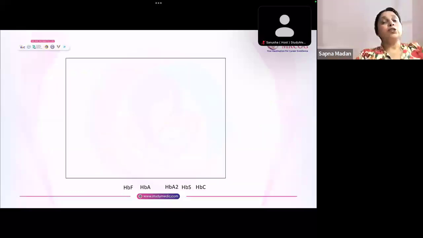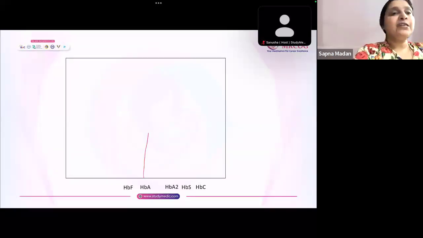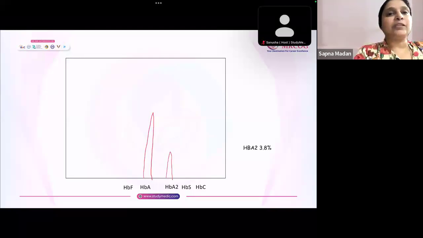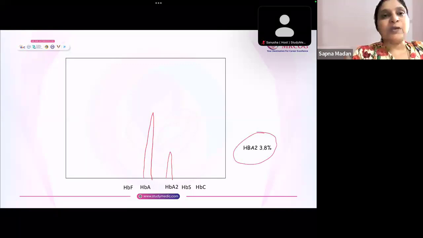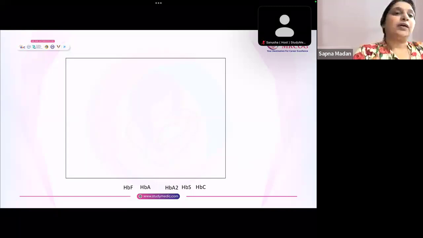All right. So if I say that the HbA is this peak, okay, and the HbA2 is here, and then we give you that the HbA2 is 3.8%. So what is this? When we have given you that it is more than 3.5, this is a beta thalassemia trait. Okay, now we say that the HbA2 is high, okay.